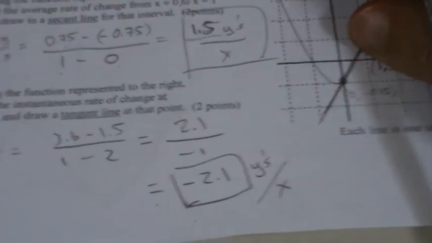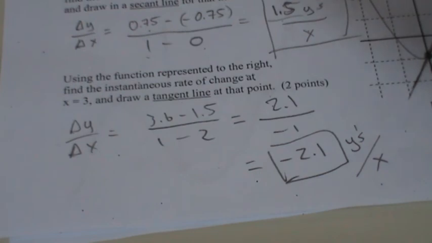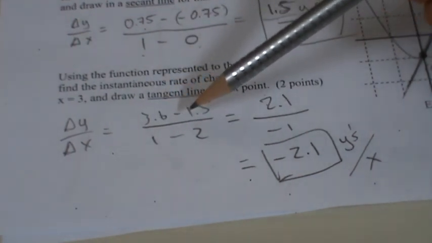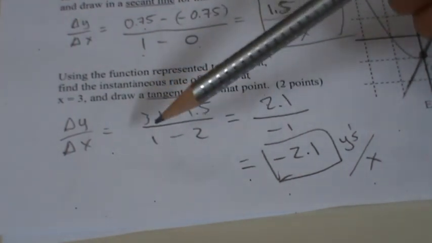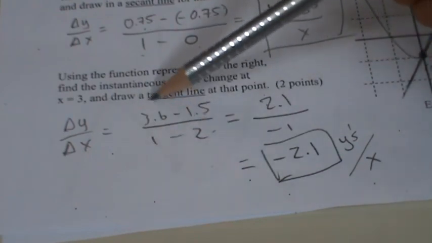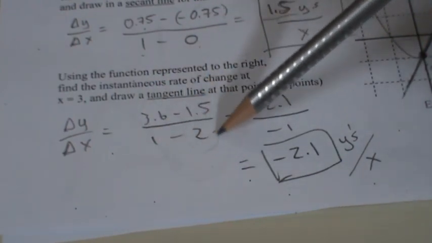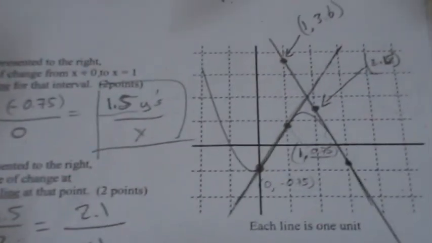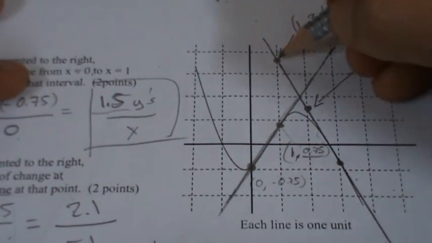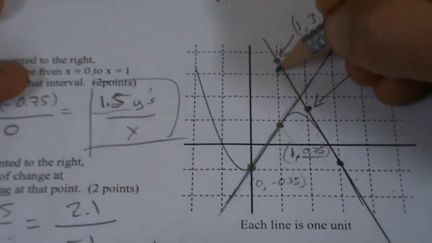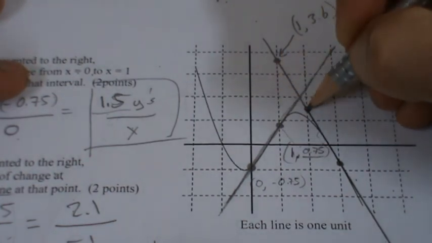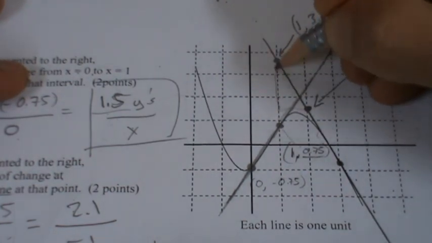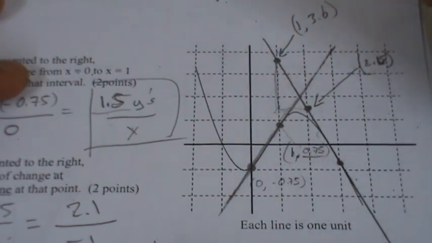You can kind of think of it like that. Oops, sorry. Let me say that again. It's 3.6 minus 1.5, and 1 minus 2, remembering that this makes a point, and this makes a point. Then I've got that. And if I look at it, my slope is almost something like negative 2. See how my slope is almost negative 2 here?